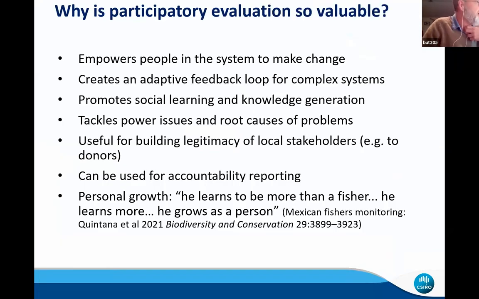So why is participatory evaluation then so valuable? I mean, in principle, it empowers the people in the system to make change. And as I showed earlier, it can create that adaptive feedback loop so that people can learn and adapt and change and push on with the process that you may have started as an implementer of a project.